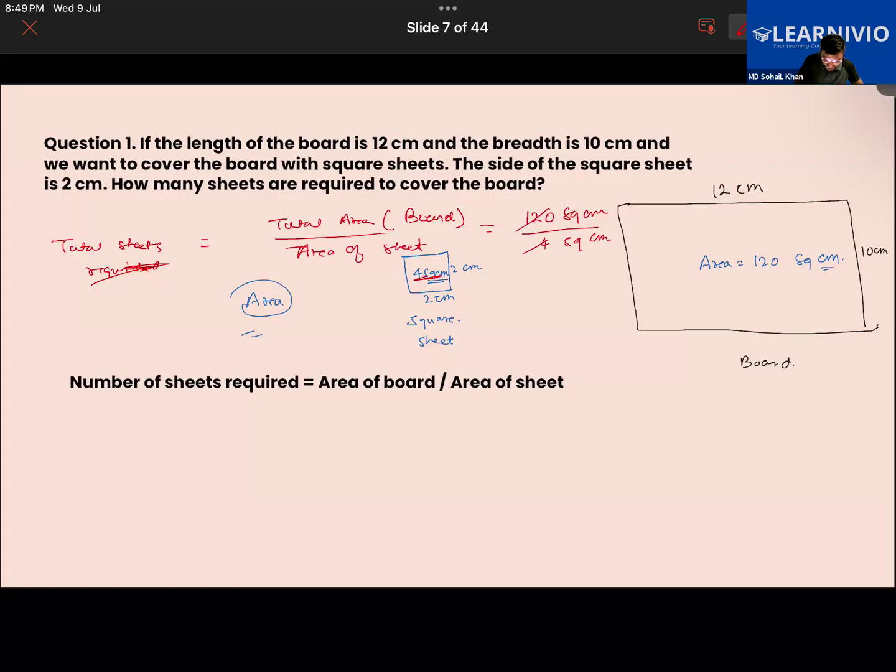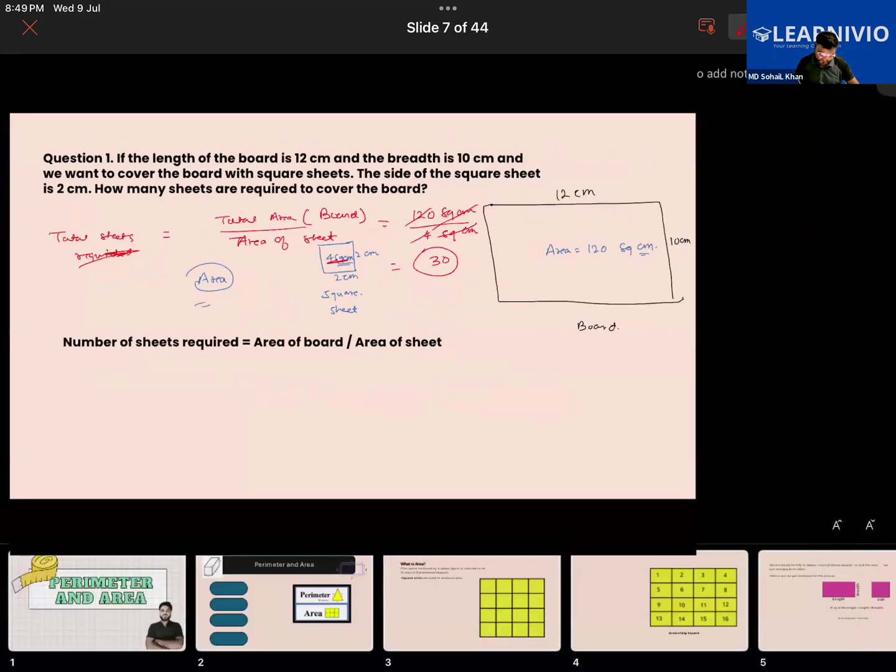So hence that is 30. You need 30 square sheets to completely cover this board. Getting it, everyone? So the formula here is number of sheets equals the area of the board upon the area of the sheet. Understood this now?